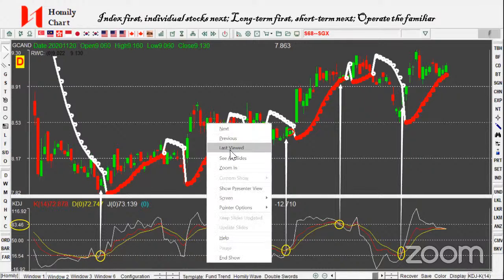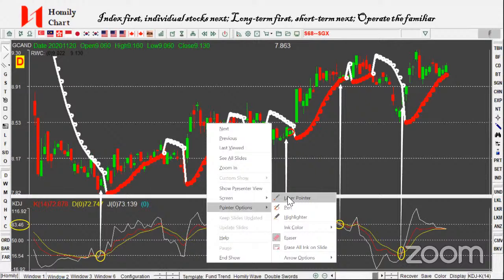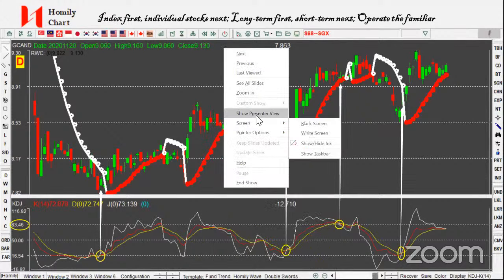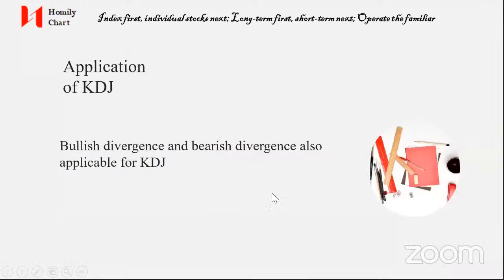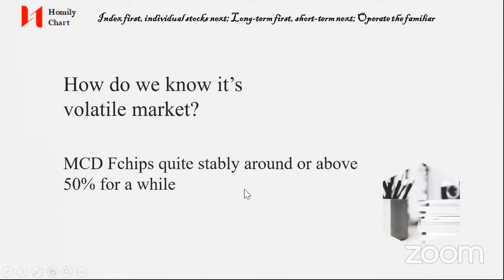Okay, I want to continue to check the next slide. So how do we know it's a volatile market? We go back to the multicolor dragon.